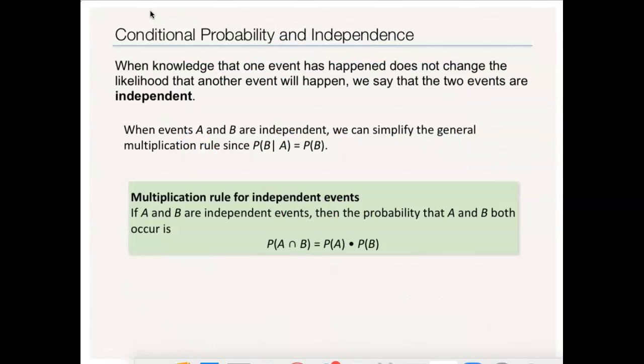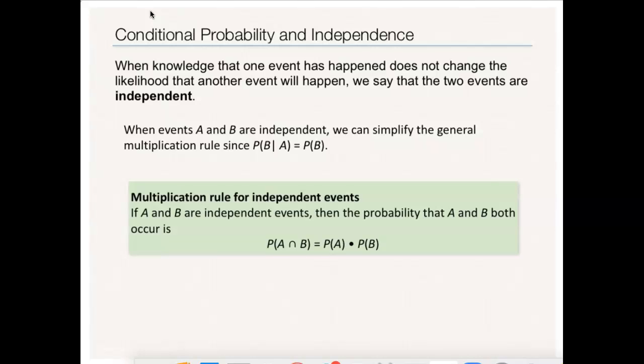All right, so here's our definition of independent. When knowledge that one event has occurred does not change the likelihood that another event will happen, we say that the two events are independent of each other.